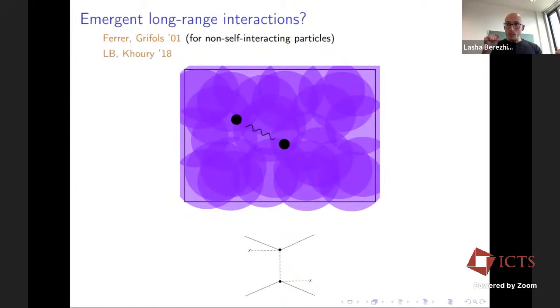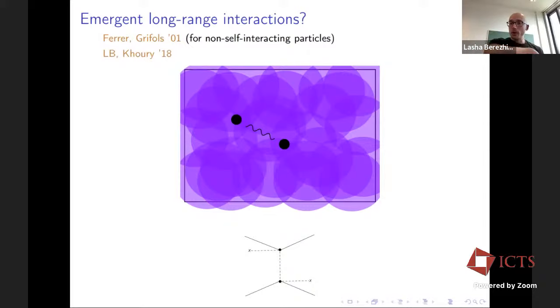One way to understand it is the following: to exchange a non-existing massive particle, the level of off-shellness in the virtual particle is given by the mass gap, because the particle is not there.